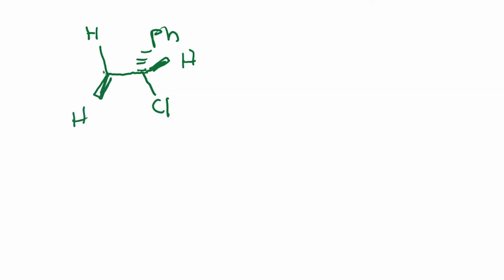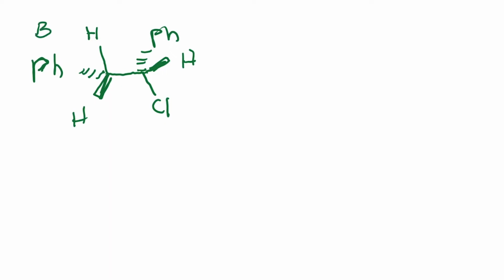When we start with this particular alkyl halide, you have hydrogen here and hydrogen, phenyl. And there's another hydrogen here and a phenyl here. This is an elimination reaction that happens in the presence of a base to give you styrene.